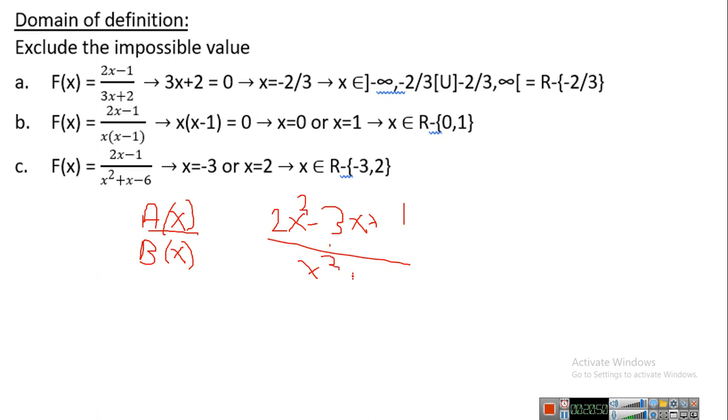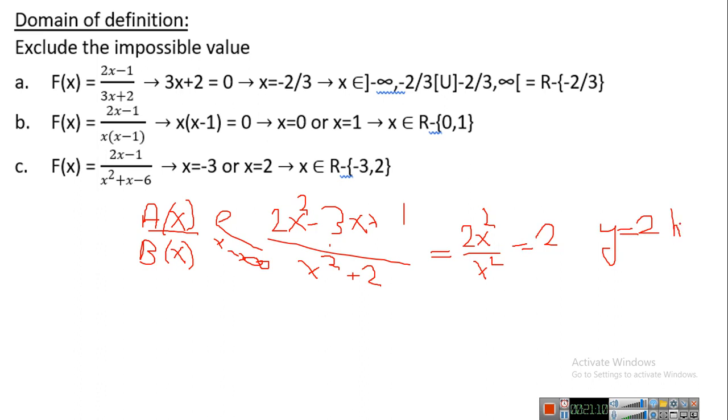If you want to do the limit at infinity, you're going to get 2x squared, always highest over highest. You took it last year. So here you're going to say y equals 2 is a horizontal asymptote. And for another one, for example, this one also has horizontal asymptote 2 over 3. This one, because the degree below is bigger, directly is 0.